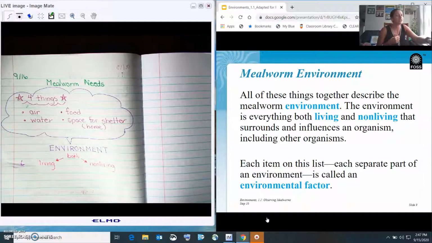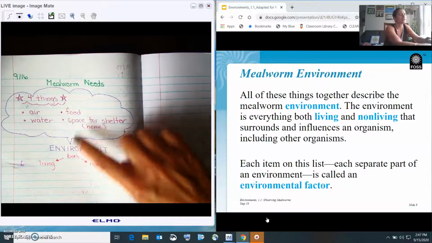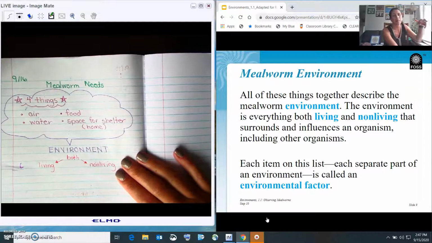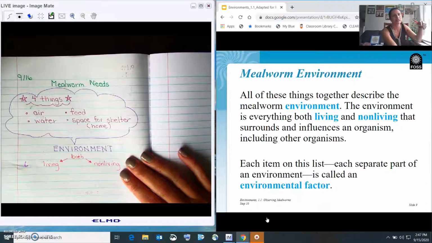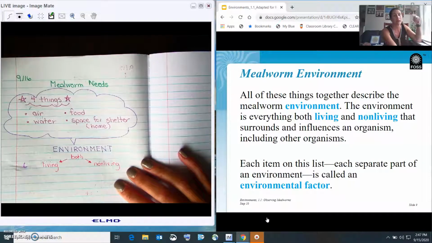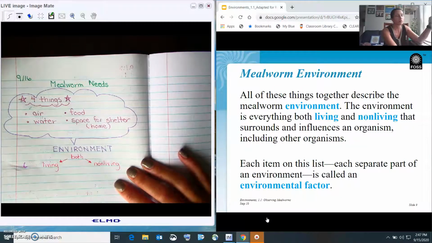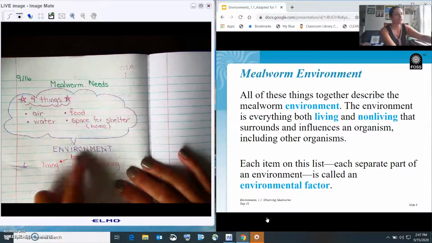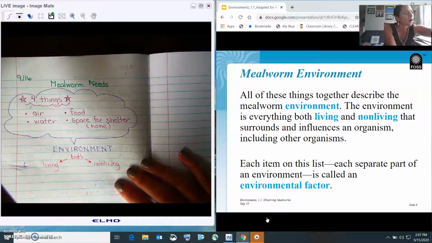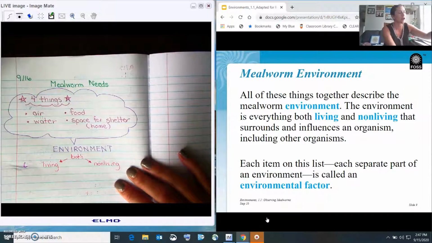Okay, so each of these things on this list, now I'm making a mind map. I'm not writing in sentences. When you do a mind map, you have to make it so you understand it. So each of these 4 things are environmental factors.